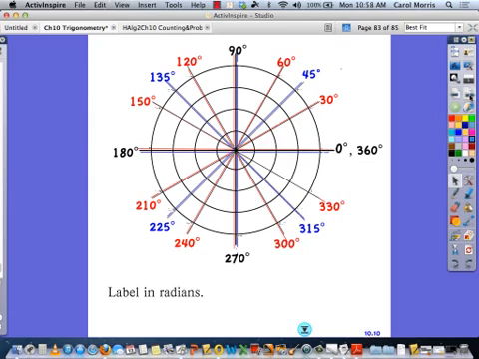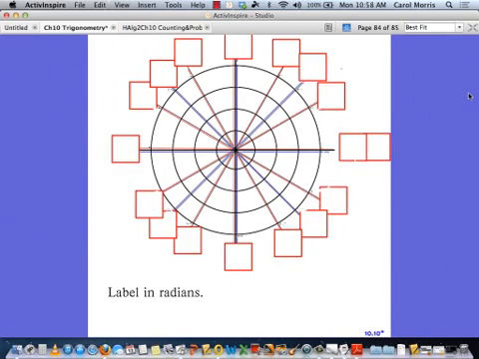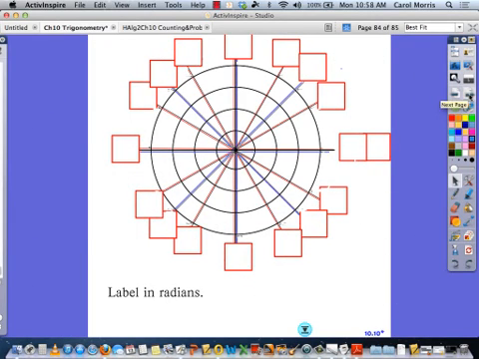You have your degrees, but if you can do the conversions, you should be able to draw one that has radians. So these are the same wedges. All the red wedges are your multiples of 30s, 30, 60, 90, 120, 150, etc. All the blues are the 45s. So you should be able to give me all of the labels of what they would be in radian measure.